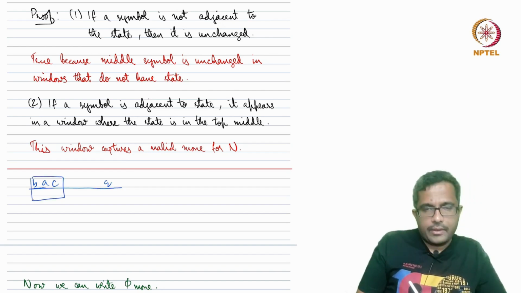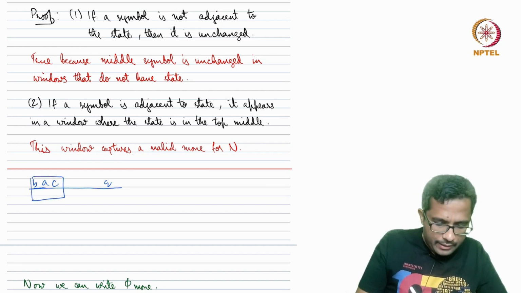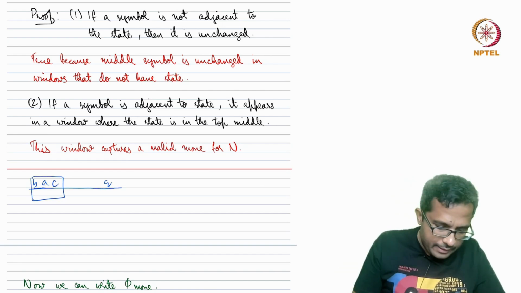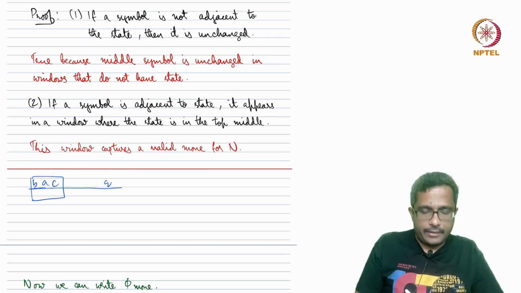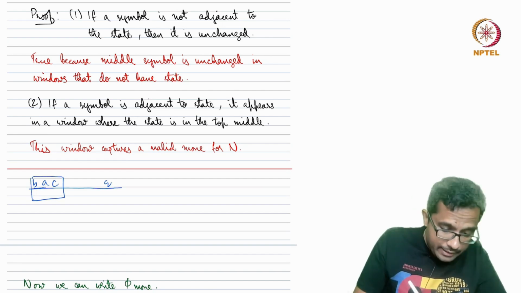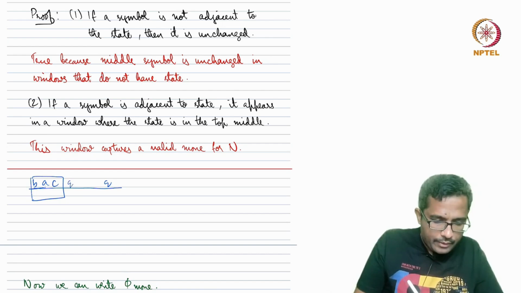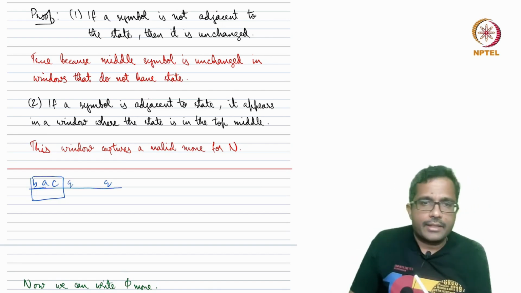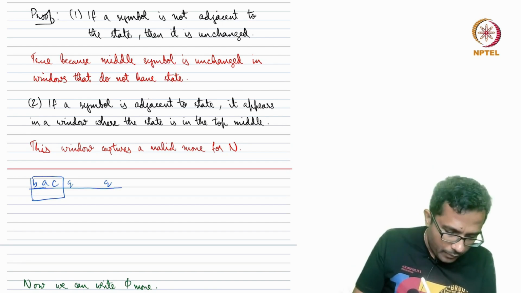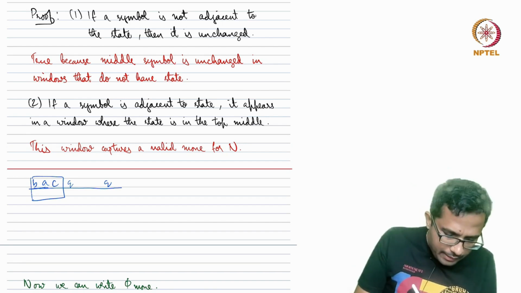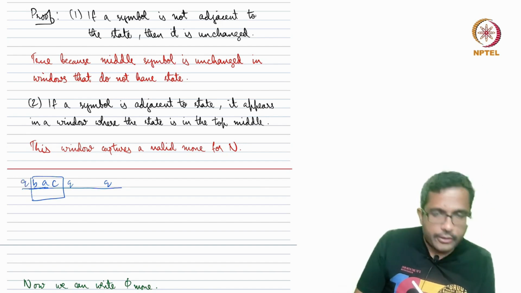If A is not adjacent to the state, which means either side of it is not the state, we can consider the 2x3 window with A in the top center, and because it is not adjacent to the state, the worst case is that the state could be here. It could be anywhere, but it will not be adjacent to A. So the state could be to the left of C or to the right of C or to the left of B.